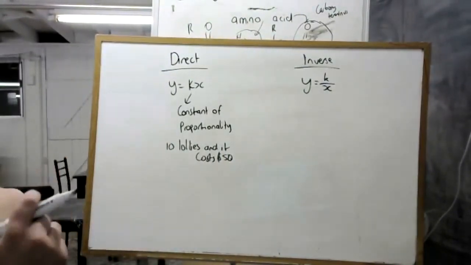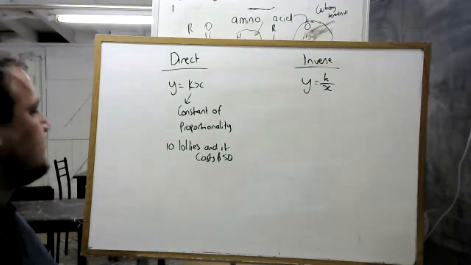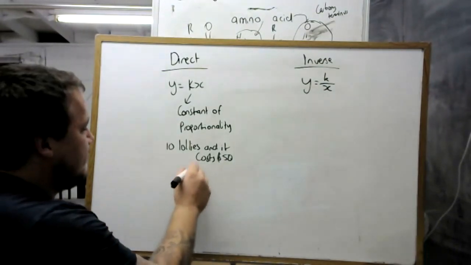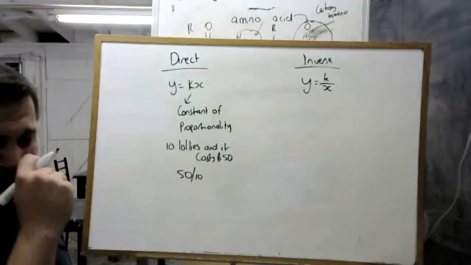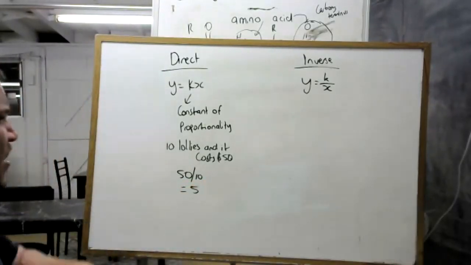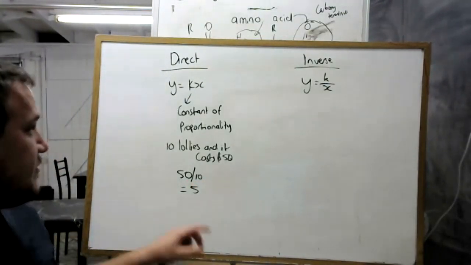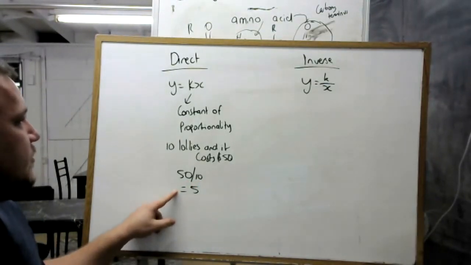So each lolly is $5. We could also just divide 50 by 10, and we'd get the same answer, 5, right? So with each increase, we're going to see an increase of 5.